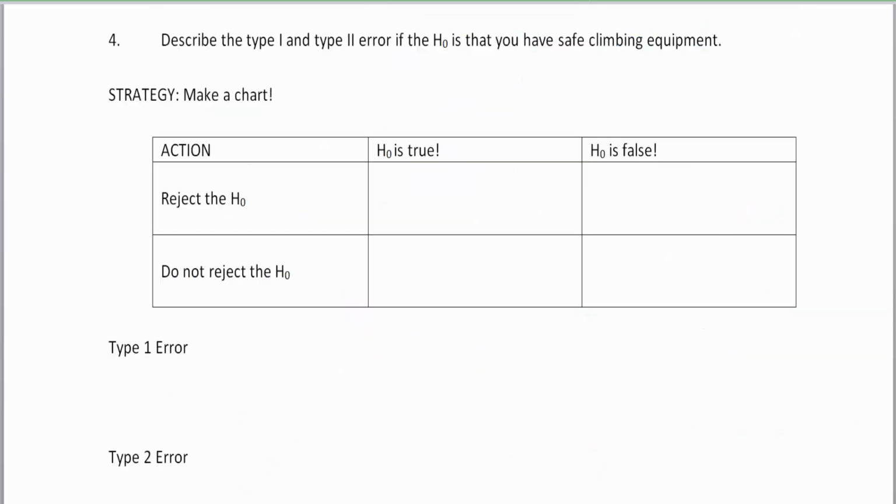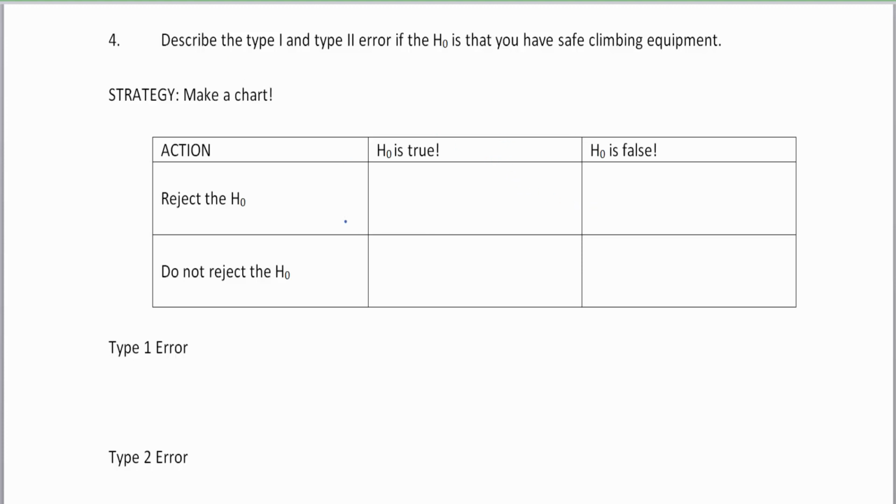So for this first of 3 examples here, we are going to describe the type 1 or type 2 error, and we're going to basically use the given statement that the null hypothesis is that we have safe climbing equipment. I found that trying to do this in my head isn't so great.